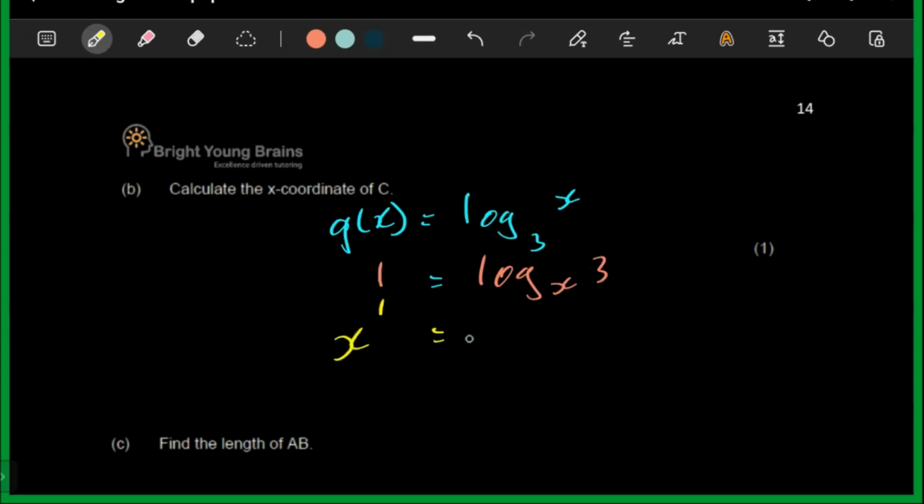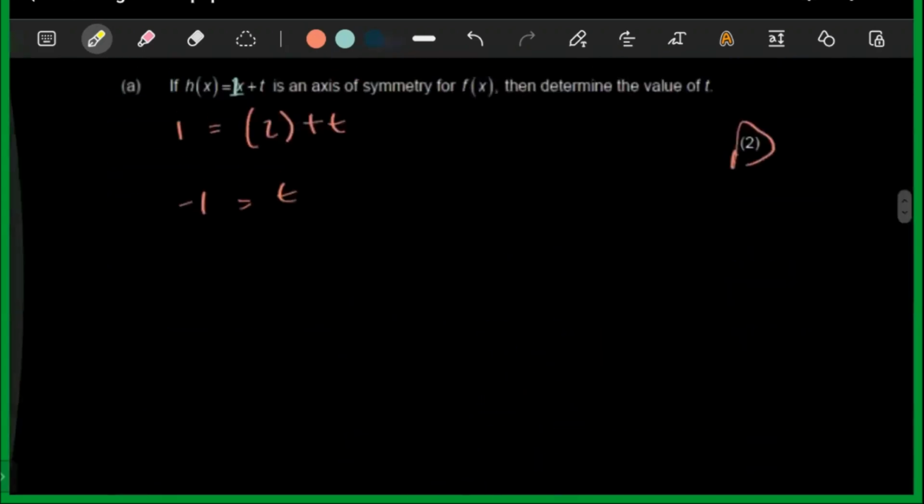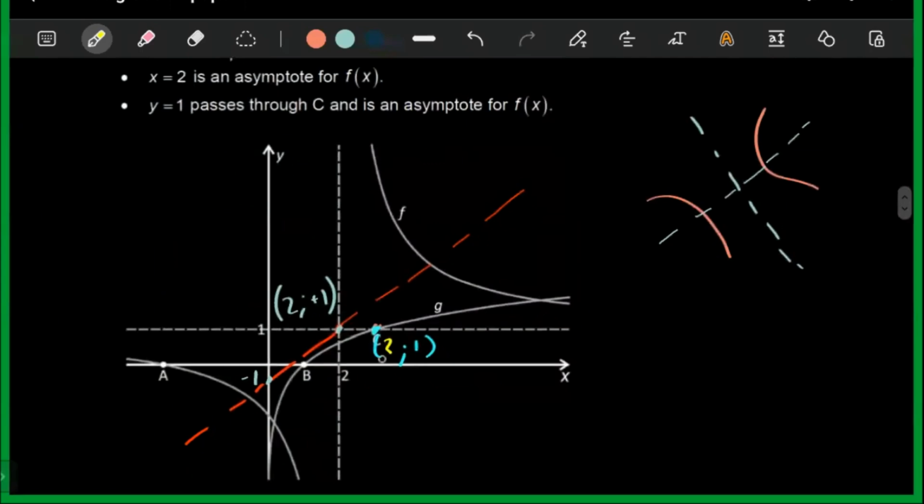So x to the power of 1, and then the 3 you leave on its own. Clearly, anything to the power of 1 gives a 3. X has to be a 3, because this is to the power of 1. So these exponents already match, so the bases have to match also. So x is 3, which makes sense, given what the sketch looks like.